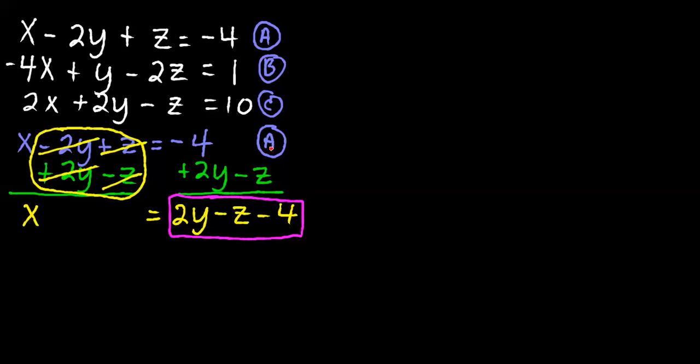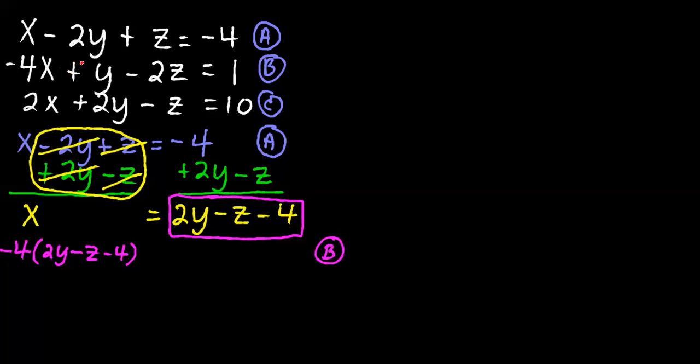This was equation A, so I'm going to substitute 2y minus z minus 4 into equations B and C, in place of the x. So let's start with equation B. I'm going to label it over here, and I'm going to write negative 4, but instead of x, I'm going to insert this expression, 2y minus z minus 4.